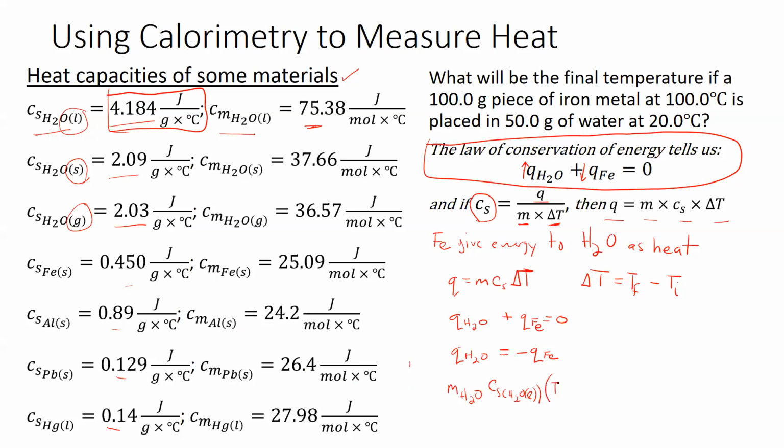So I'm going to say T final minus T initial for water, and that will equal the mass of the iron times the specific heat.